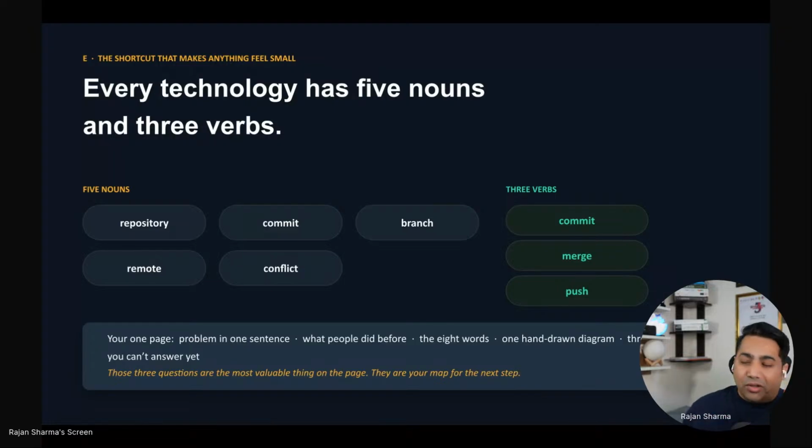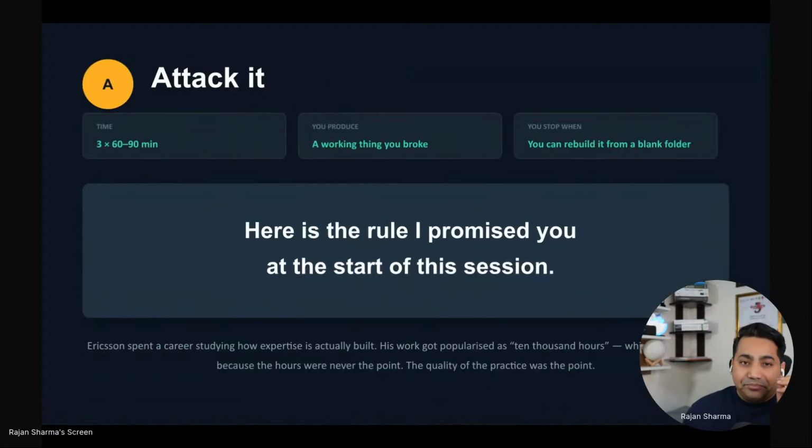Badly is fine, because writing the diagram is very important. It helps you learn things. And at the bottom of the diagram, write down the three questions you cannot answer yet. Those three questions are the most valuable ones. I'm going to explain what kind of questions they are.